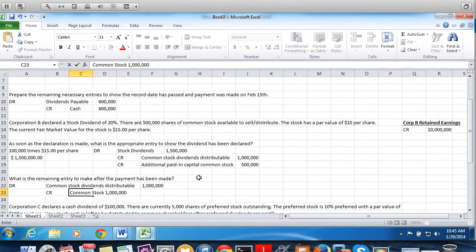Okay, so this confuses some people because in this bottom entry, we're not looking at all at the amount that was the additional paid-in capital. But the reason for that is because we've already totally accounted for that additional paid-in capital in this initial entry. Basically, in this entry, we just are showing exactly how much that stock was worth more than par value as of the date that we declared dividends.